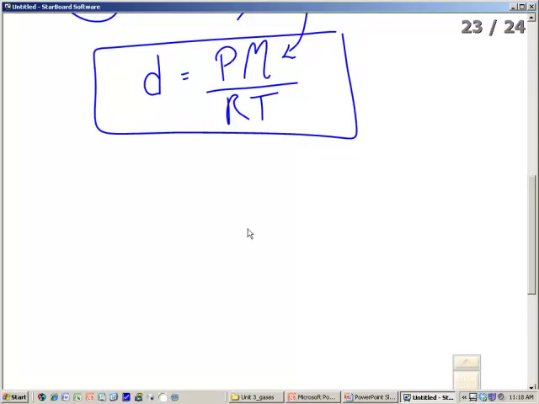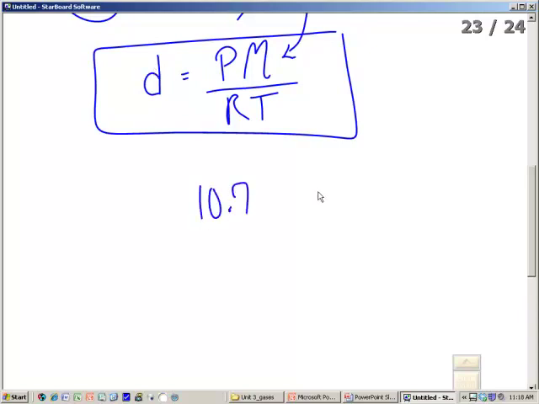And you're like, what? Where did they get that from? Don't forget this formula. And if they give you its molar mass, the pressure, and the temperature, you only need these three things to solve for the gas's density. Isn't that amazing?